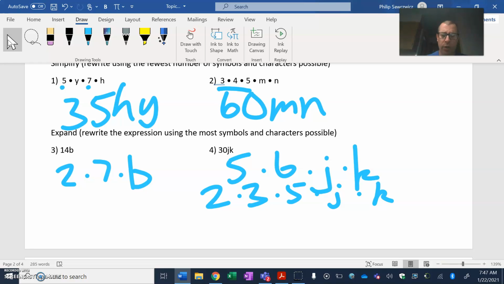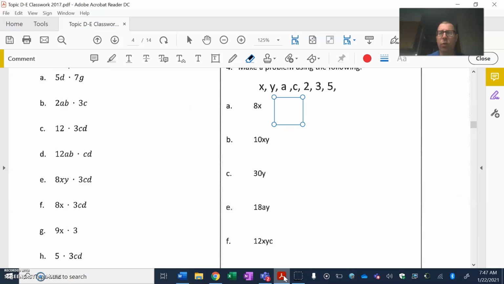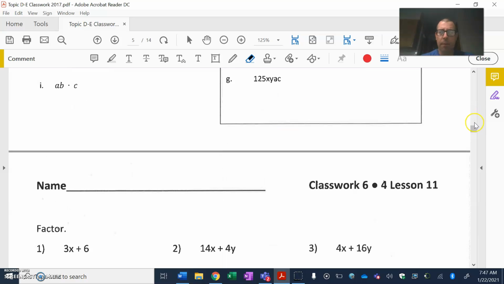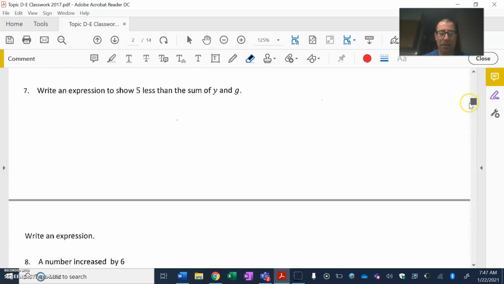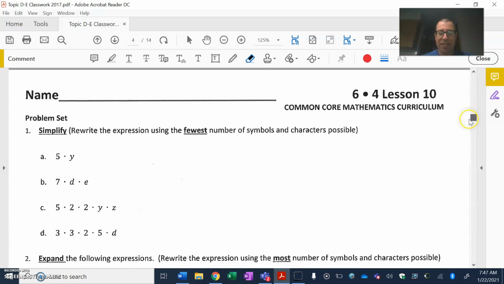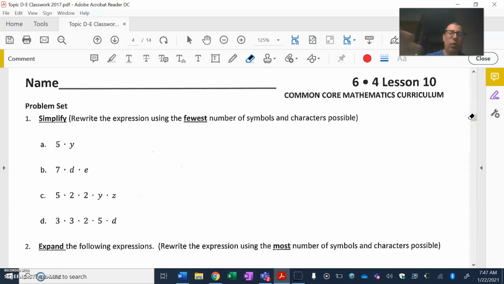Let's take a peek at your classwork. All right. So pause the video if you need to. All right. But in your classwork, we're going to do the exact same things. Again, so there's your packet. We're skipping 9, and we're saying hello to 10. Again, rewrite them using fewest. So like 5 times y. All right. They simply want your 5y.